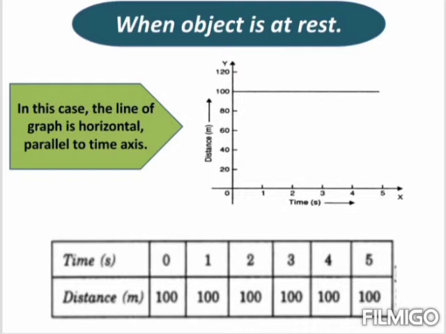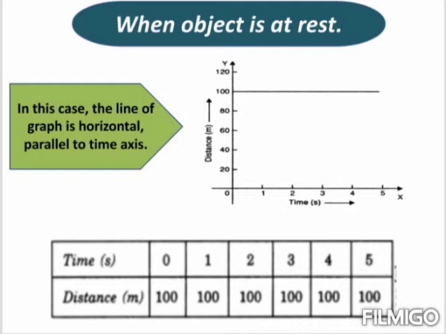Okay, so after 1 second the object is also at 100 meters. It means it does not change its position. After 2 seconds the object is also at 100 meters. After 3 seconds, the object is also at 100 meters. After 4 seconds the distance remains the same, and after 5 seconds the distance also remains the same.